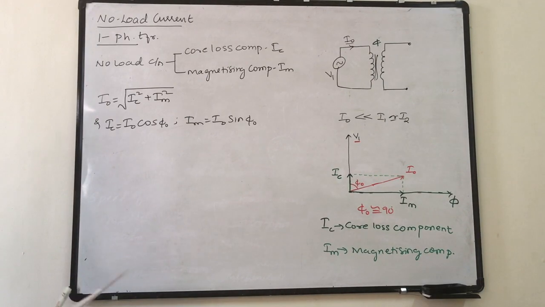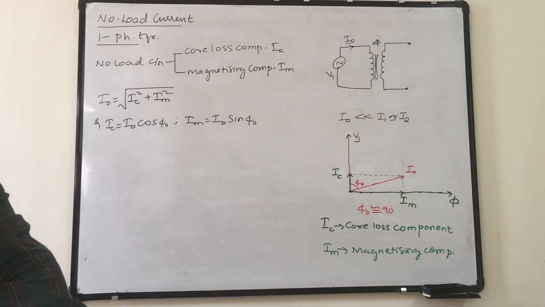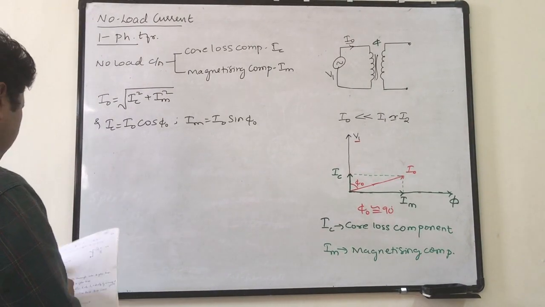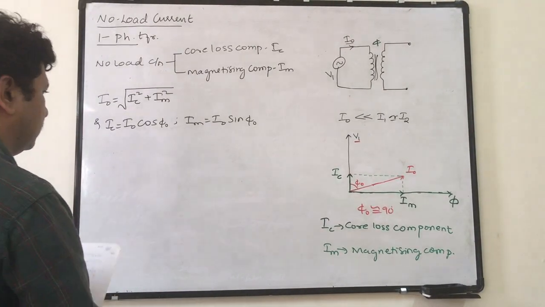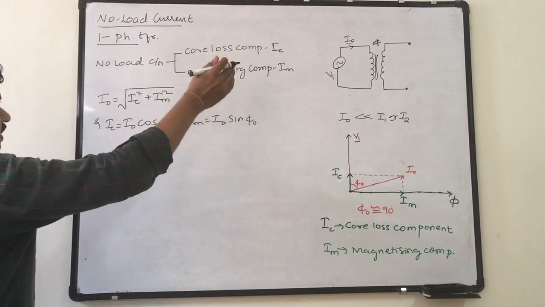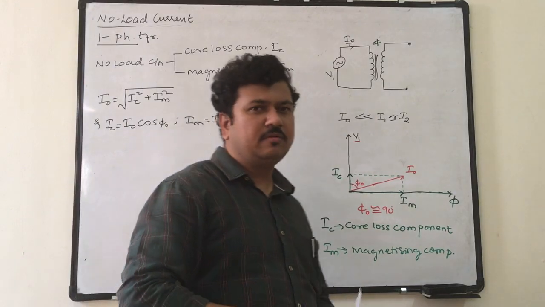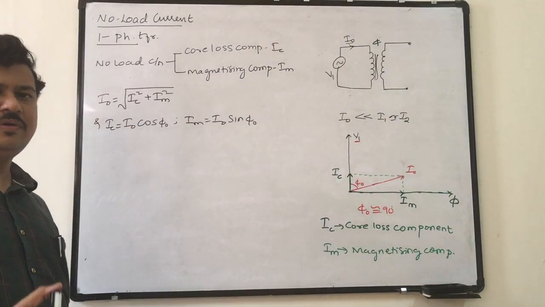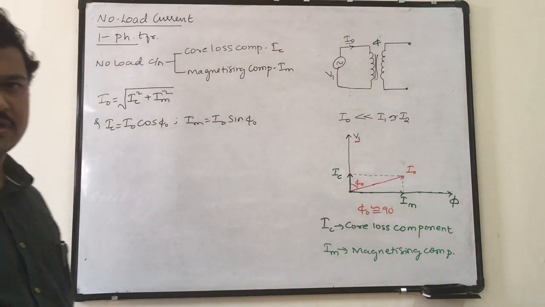So the core loss can be mentioned as, now what is the input power? At no load, whatever the input power is given to the transformer is core loss, because in a transformer we have two types of losses, core loss and copper loss.